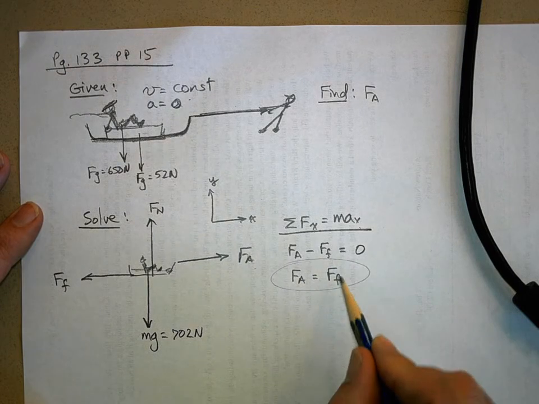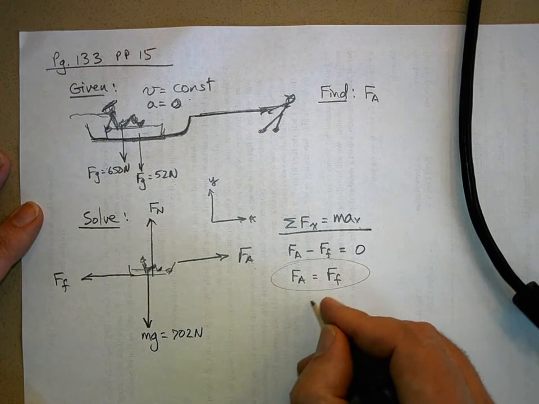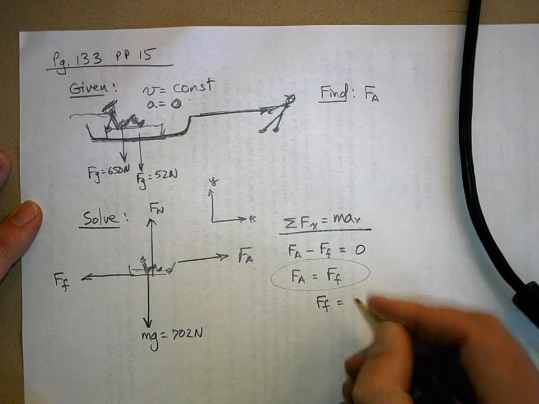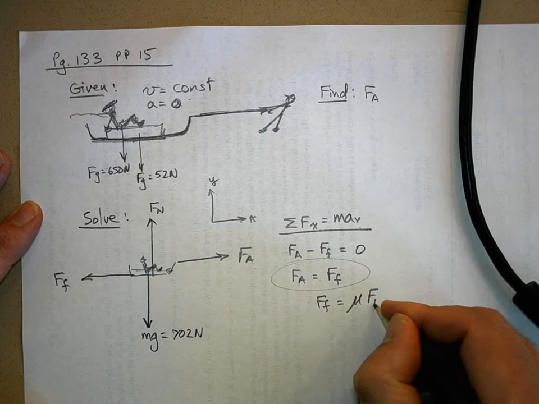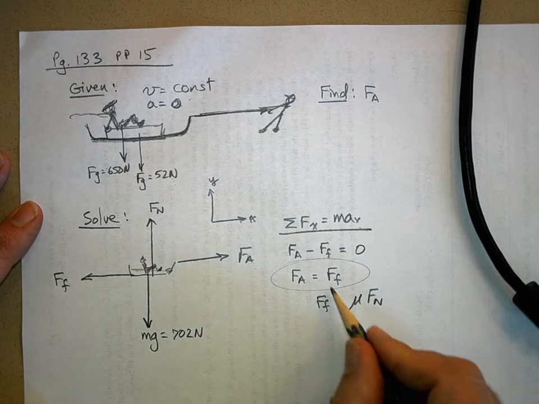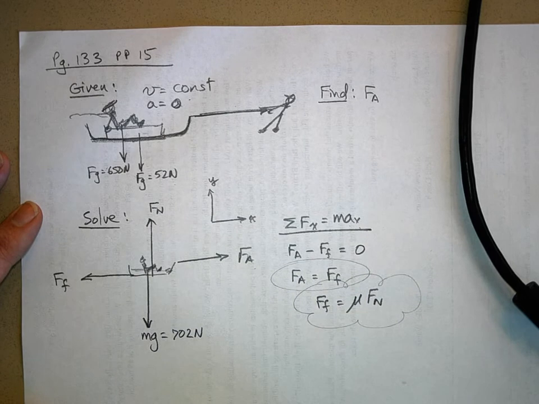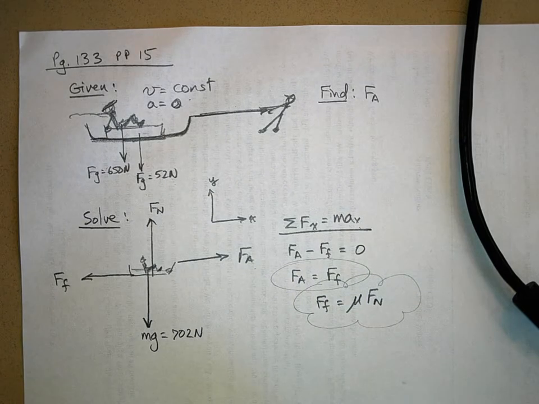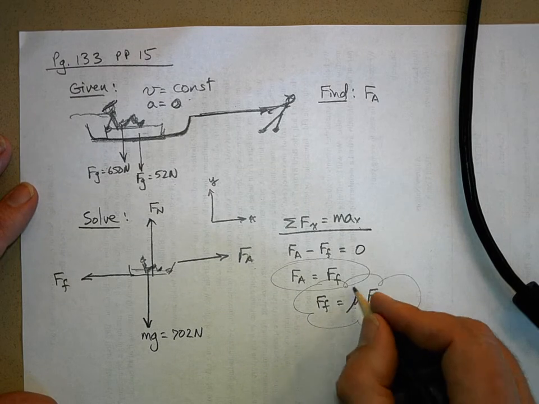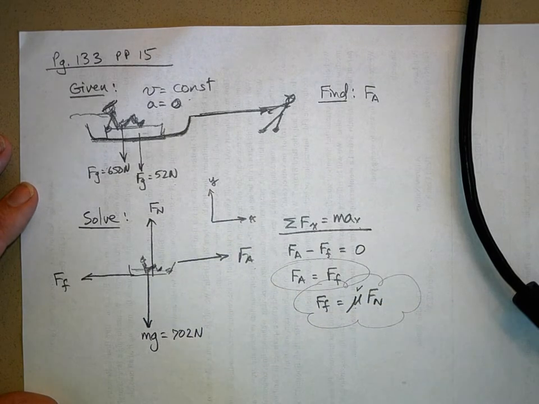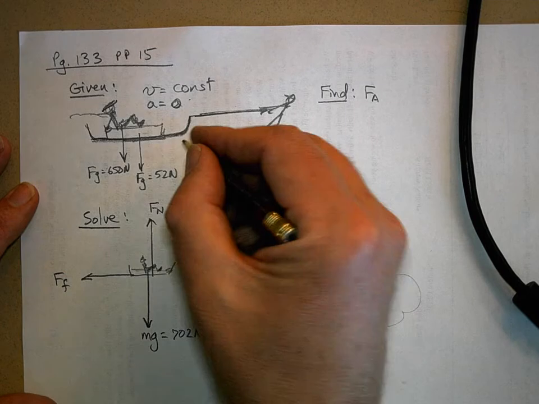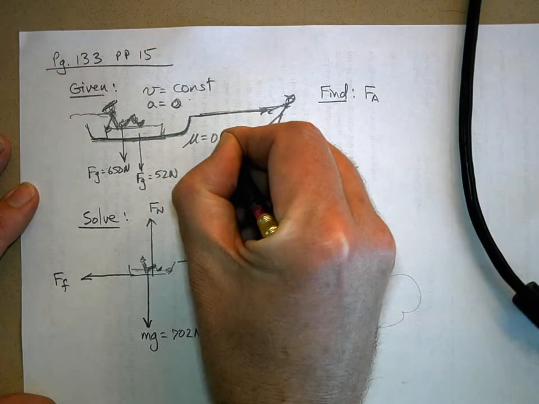So now I need to figure out my force of friction. Well, the force of friction is equal to mu times the normal force. Now this needs to be in your equation list. Well, I know what mu is, that's given. Oh, I forgot to write it down on what was given. What was it? 0.12. Sorry about that. Mu equals 0.12.